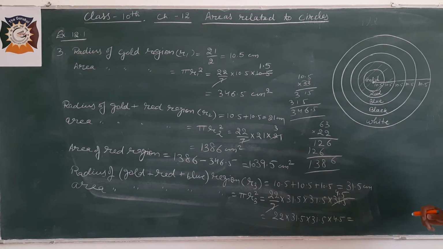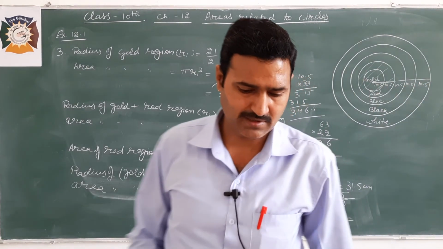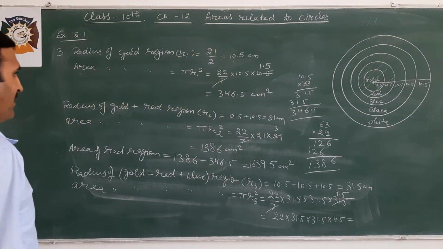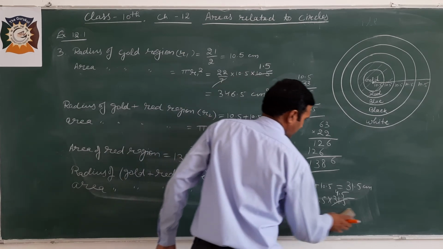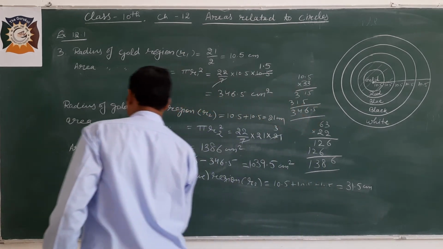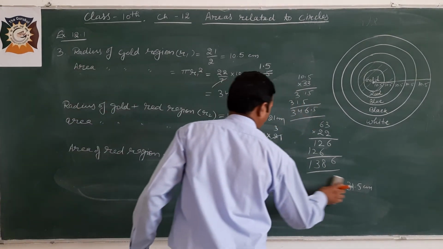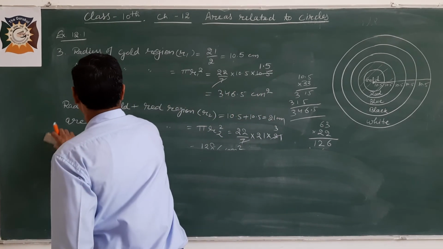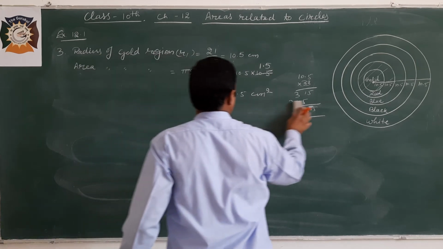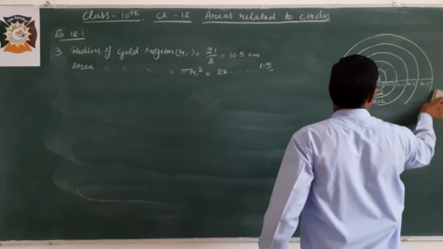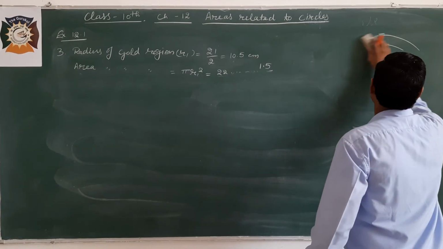So you can find the area of all the regions separately yourself in this question like this. Now I'll explain next question. In the same way you can find the areas of all the regions separately.